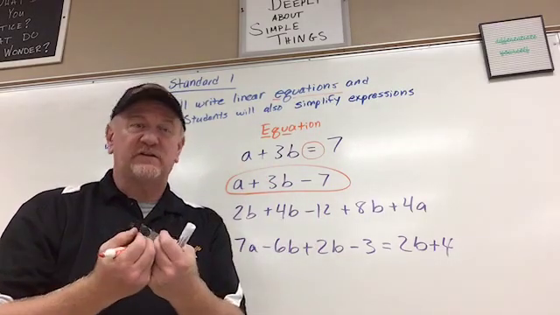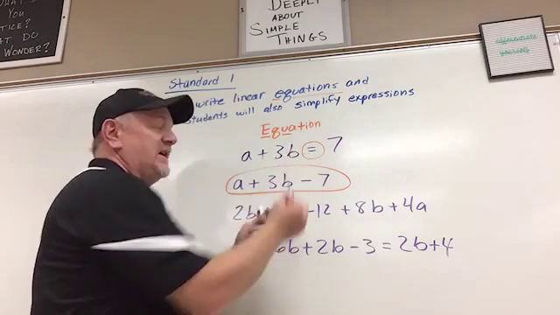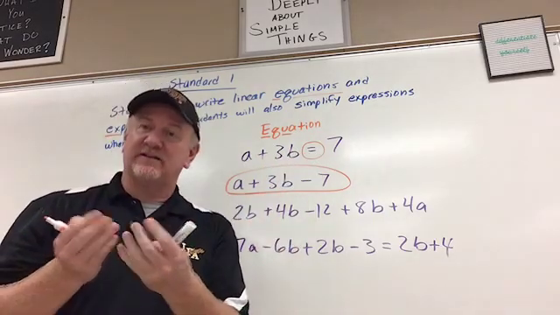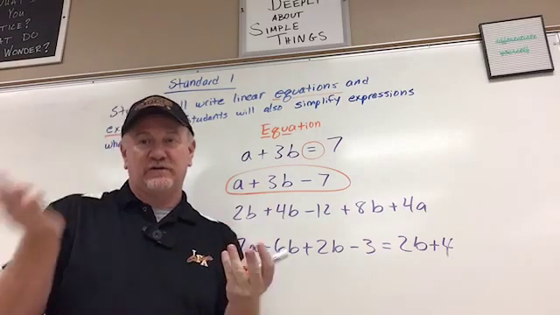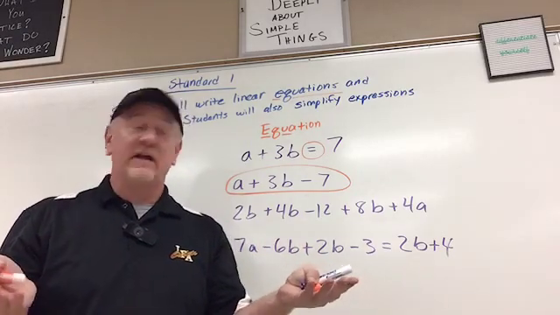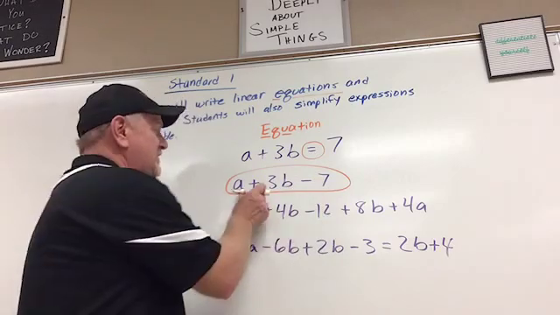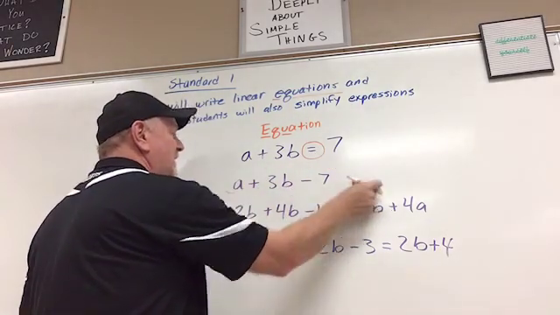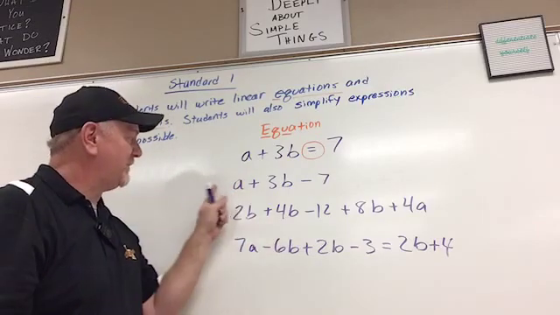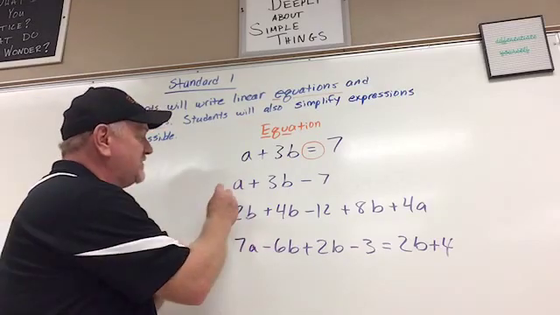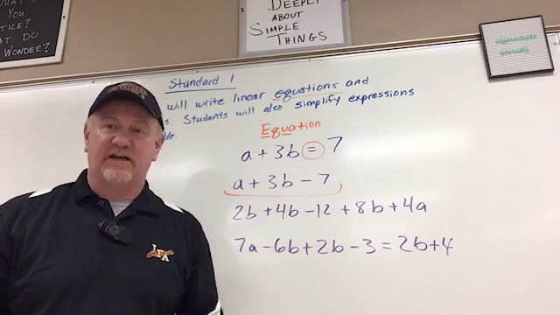And the reason there's an equal sign in there is because it's saying something to us. It's communicating an important concept of the 2 sides being equal to each other. An expression doesn't do that. I'm just using algebraic letters that have been defined, or sometimes maybe they haven't even been defined, but I'm using it as a shortcut way of saying something.